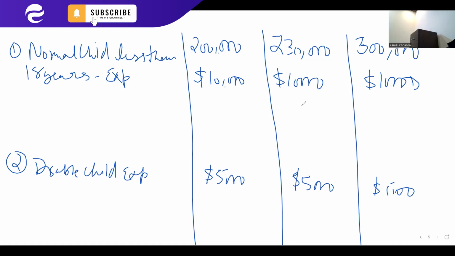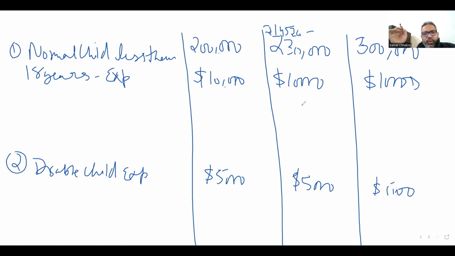So in the first scenario, your income is less than how much amount we have discussed? Less than 214,520, and the upper limit is 254,520.